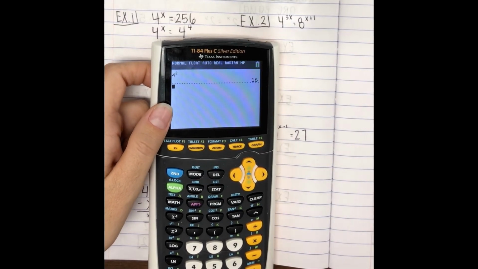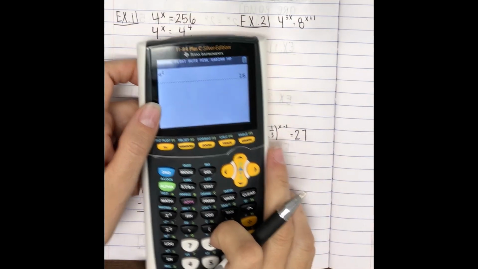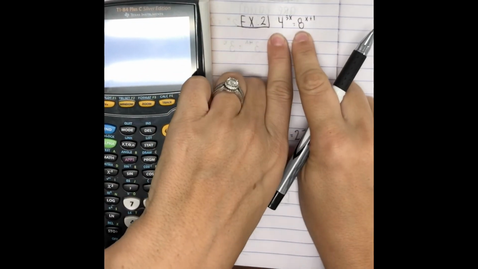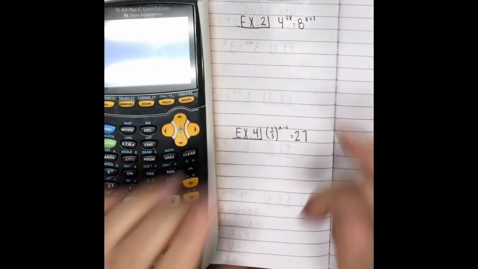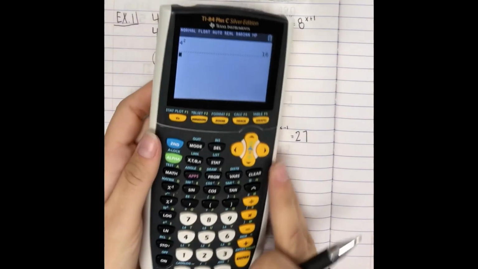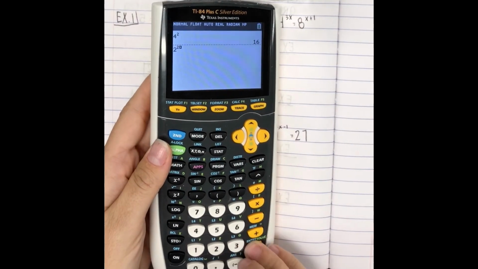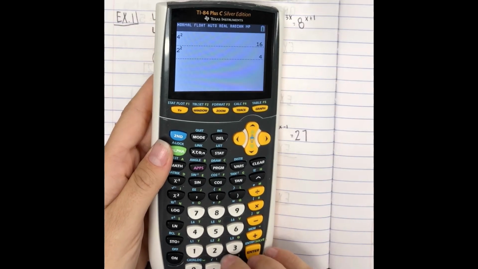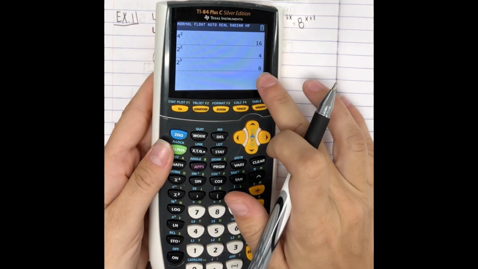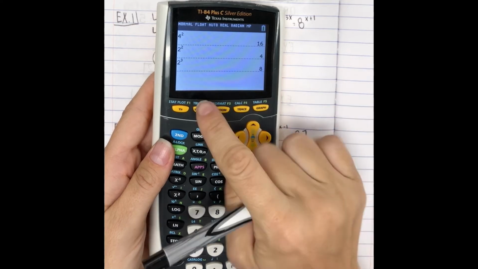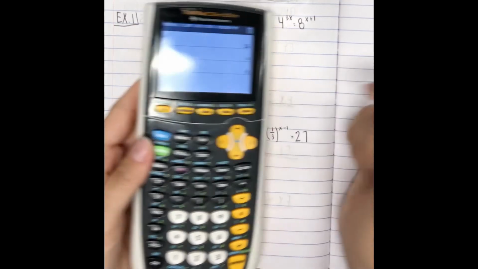That's already bigger than 8, right? So their common base is not going to be 4. Their common base is going to be 2, because 2 squared is 4, and 2 to the third power is 8. Okay, so 2 is going to be the common base.